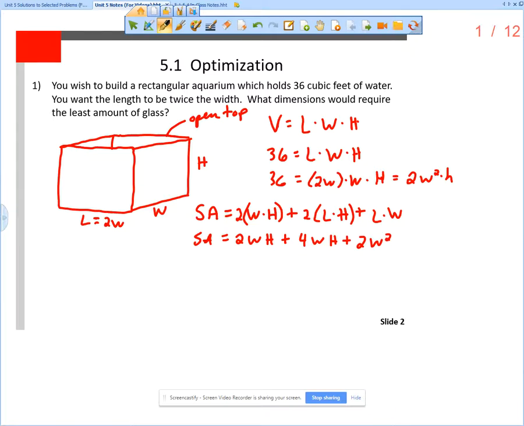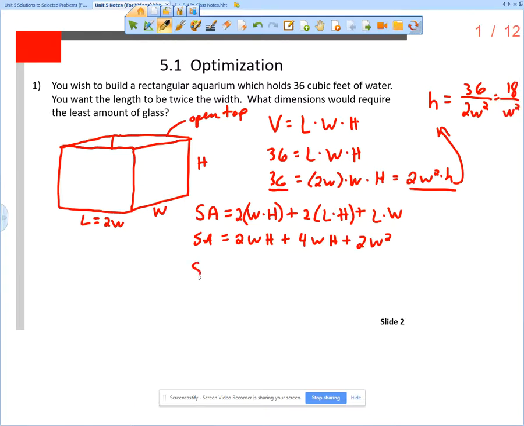But the problem is if I want to find where the minimum of surface area occurs, I would need to get rid of one of these variables, W or H. So I'm going to come back up to this equation where 36 is equal to 2W squared H. If I solve that for H, I have H equals 36 divided by 2W squared, or 18 over W squared.